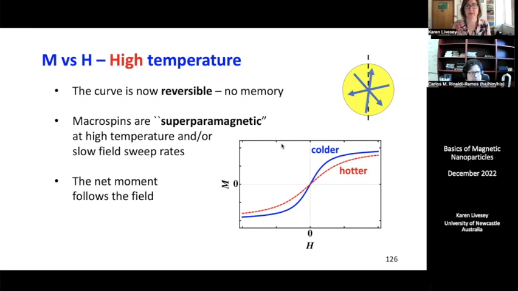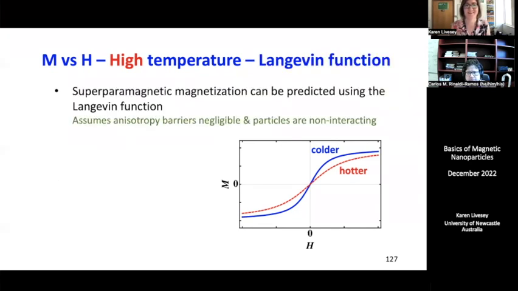Now, we're going to extract more information out of plots like this. I should say that these reversible magnetization versus field curves can be predicted using what's known as the Langevin function. Has anyone heard of the Langevin function? You can put your hand up or yell out. Very good. It's a simple derivation.